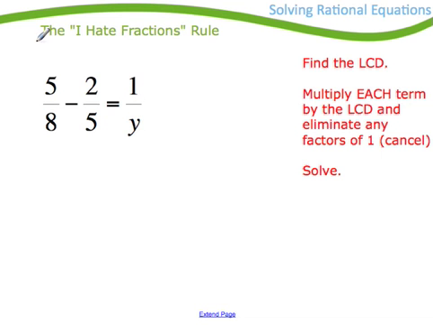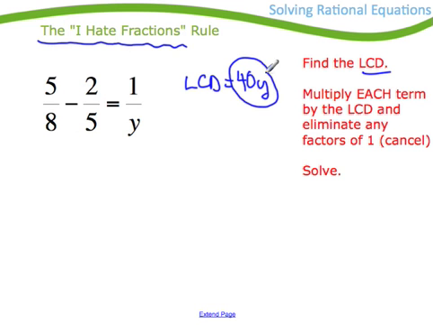But if I know the I hate fractions rule, it makes solving this quite simple. The trick is finding the lowest common denominator. If I see an 8 and a 5 and a y, I know my lowest common denominator is going to be 8 times 5 is 40, so 40y.